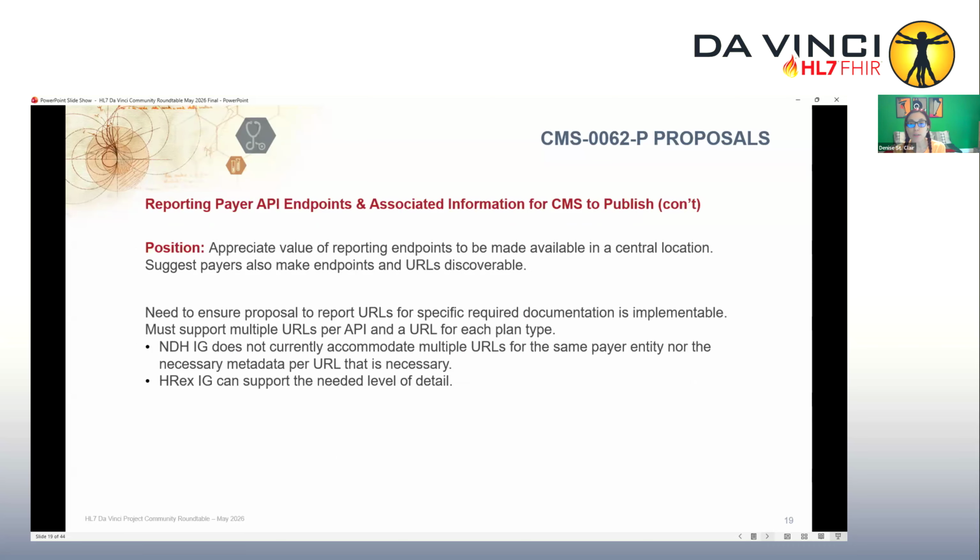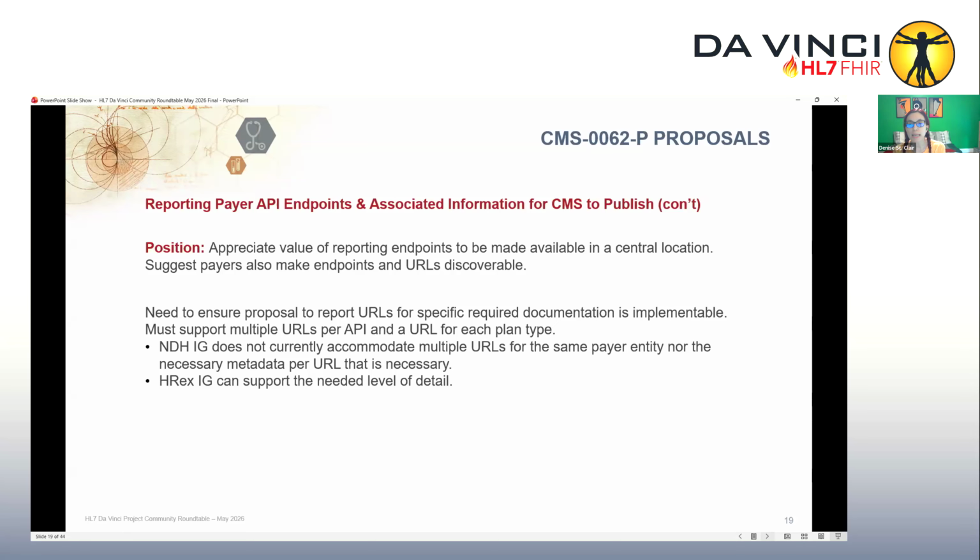There is a strong desire to make sure that whatever is proposed is truly implementable, particularly when we're looking at reporting the URLs, because there's the need to be able to support multiple URLs per API. And when you're talking about the payer side, a URL potentially for each plan type.